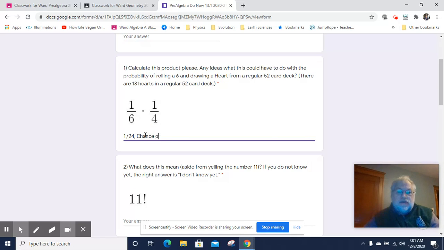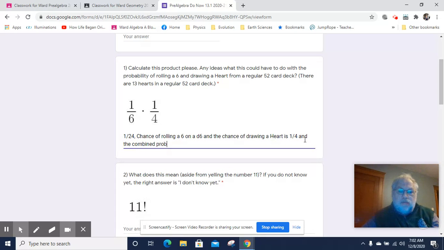So the chance of rolling a 6 on what we'll call a D6, that's the language of gaming involving dice, and drawing a heart, the chance of drawing a heart is 1 out of 4, because there are 13 out of 52 cards that are hearts in a regular deck. 13/52 is 1/4.